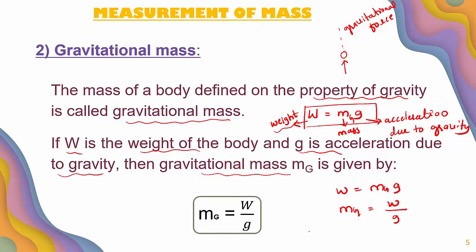Here we define mass depending on the property of gravity or gravitational force, which is given by the equation mg equal to W divided by g. From this equation we can find the mass of a body. Here the mass depends on weight and acceleration due to gravity. So these are the two types of masses.